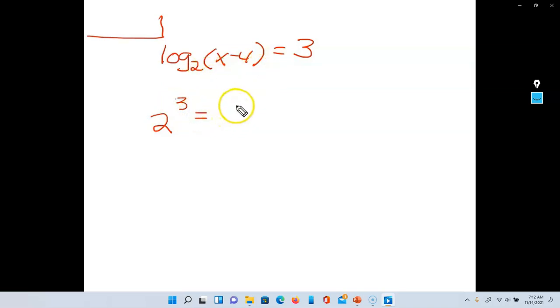And our answer is x minus 4. So simple conversion. Well, 2 to the third is 8. x minus 4. We're going to add 4 to both sides, and we get x equals 12.